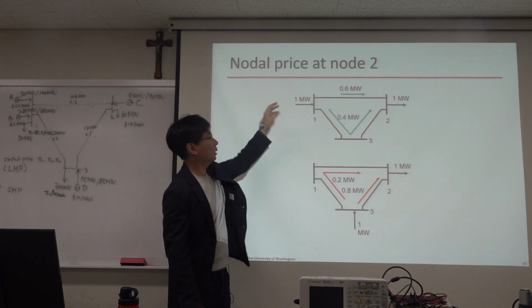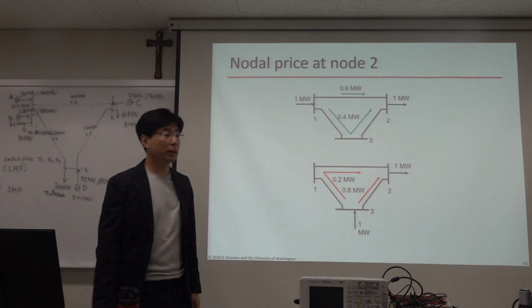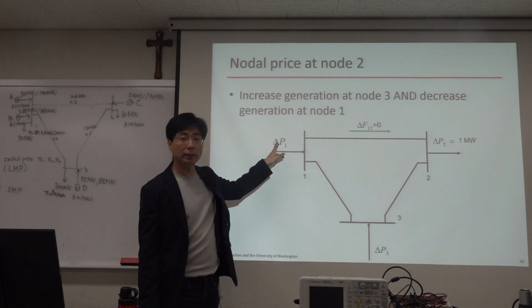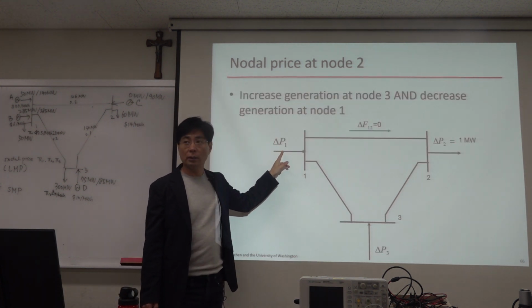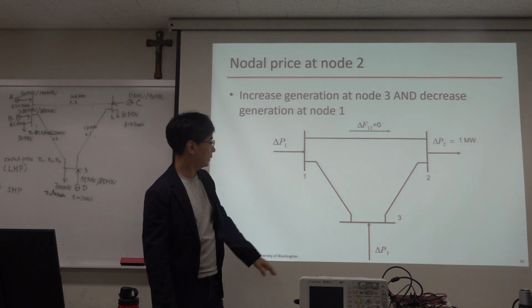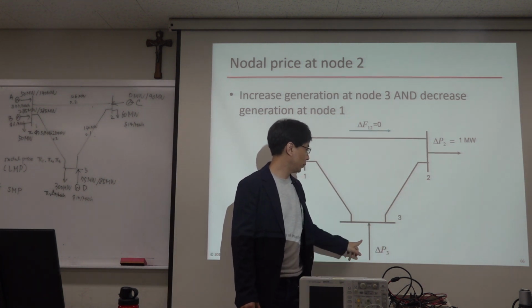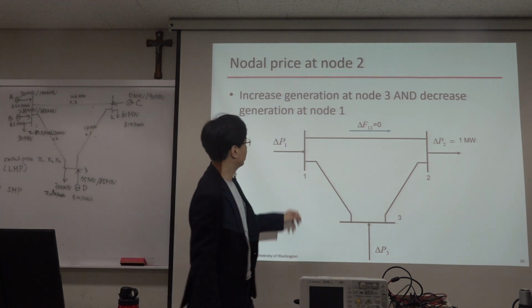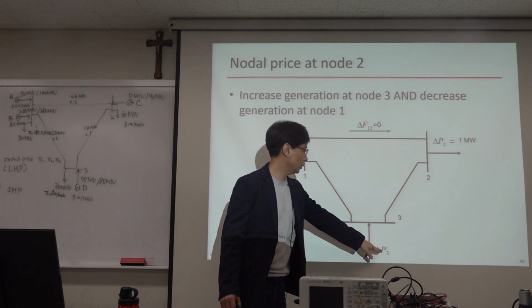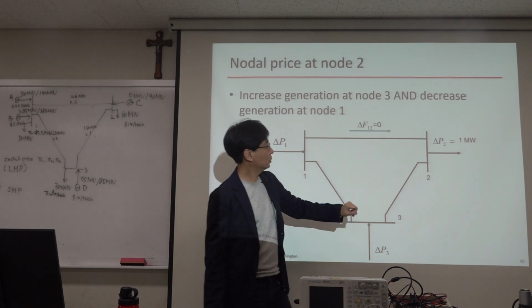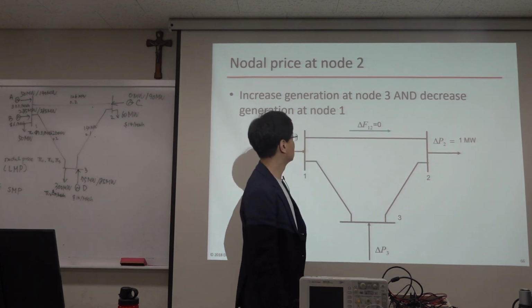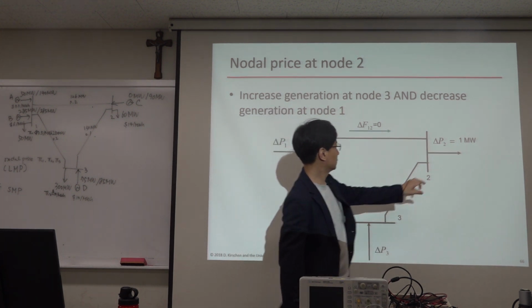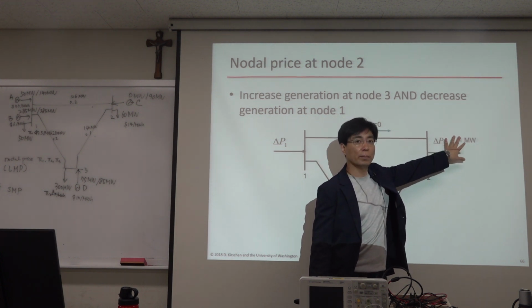The amount of injected power here is denoted by delta P1, and the amount of injected power at bus 3 is delta P3. So this delta P1 plus delta P3 should be equal to delta P2, and that is 1 megawatt.